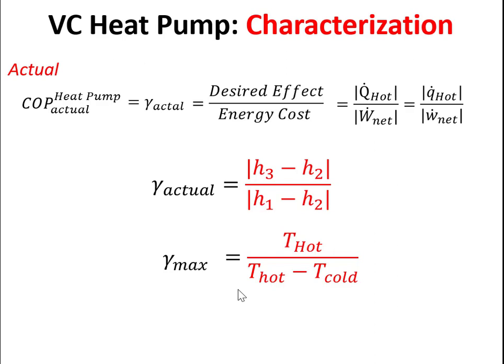So efficiencies always run between 0 and 1, or if you want to say 0 and 100%, that's okay too. But coefficients of performance are always, or at least most of the time, greater than 1. So you want to talk about these not in terms of efficiency, but in terms of a coefficient of performance.